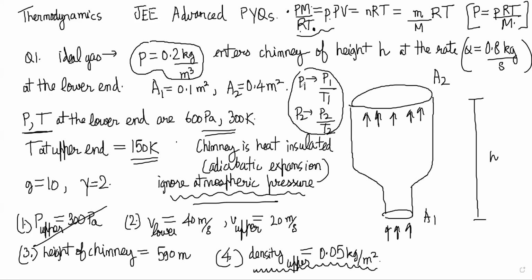So at upper end, it's not 0.05, it's 0.1. So it is also wrong, right?